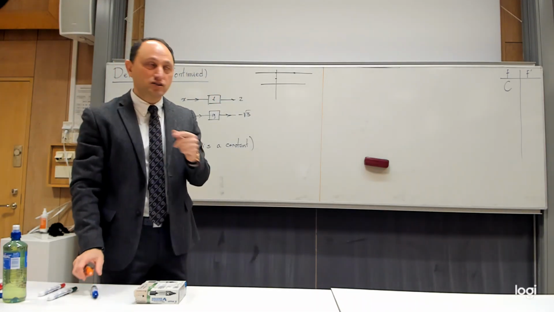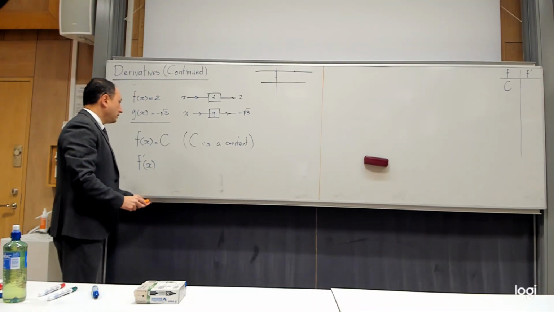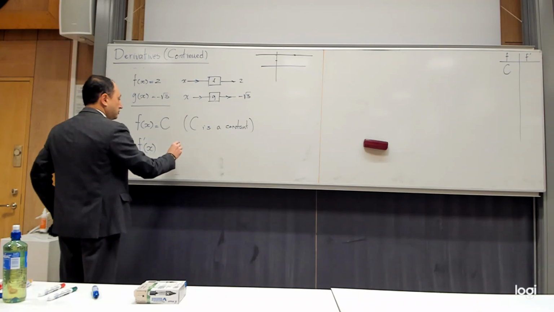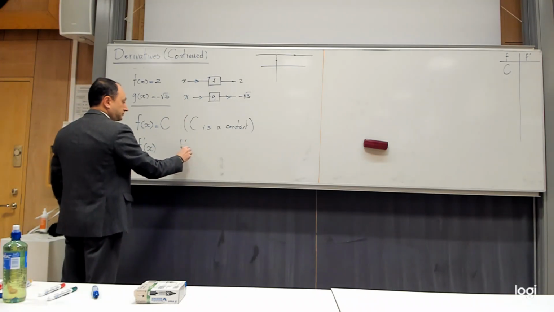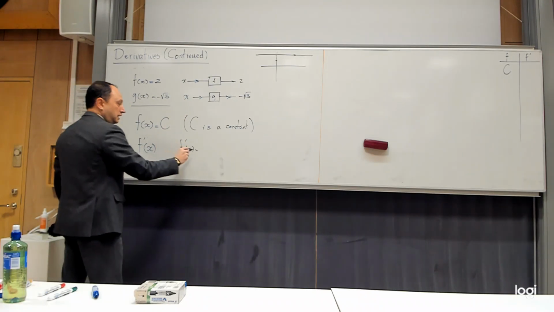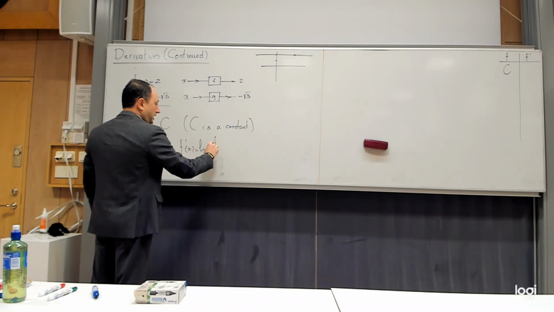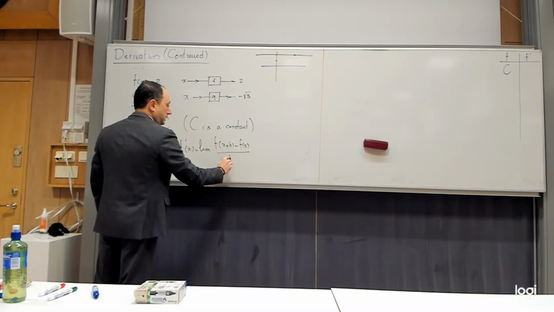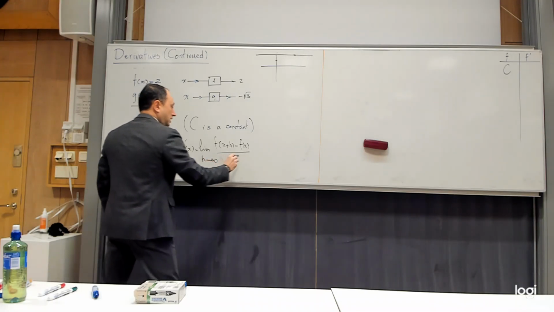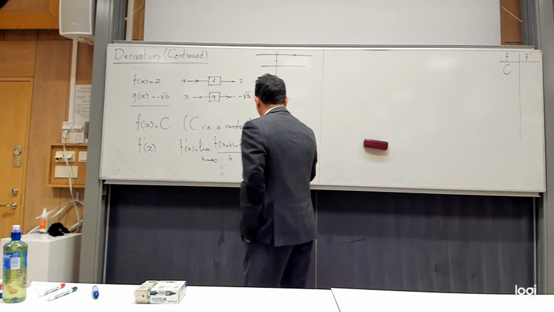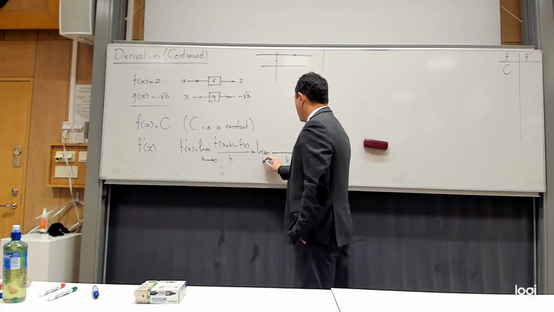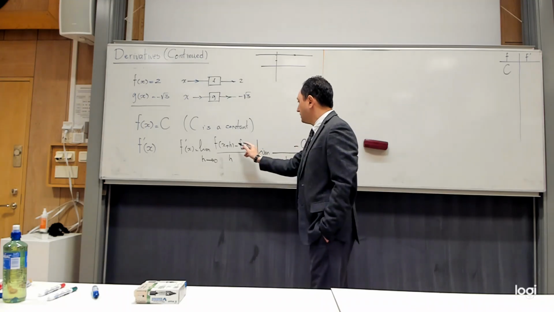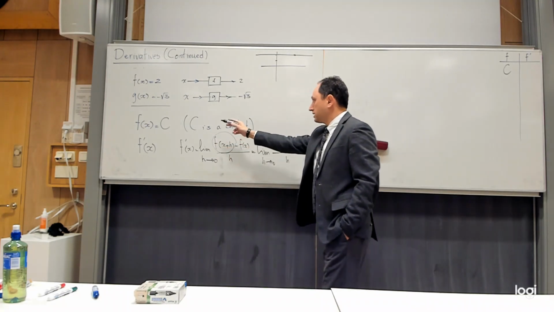Yes. Yes, but let us do it formally. If I want to prove it rigorously, what I'm supposed to do, I have to write the formula for this function. It becomes the limit of f of x plus h minus f of x divided by h when h goes to 0. But I told you that h goes to 0, f of x is capital C. But can you tell me what is f of x plus h in this case?